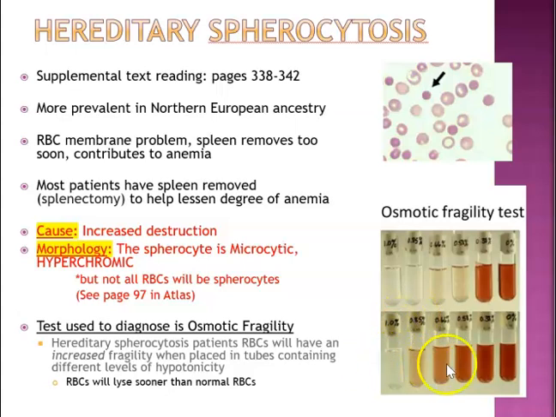Now for this bottom line of tubes, this is for a patient with hereditary spherocytosis. Guess what? In this second tube, we're already seeing a pinkish color. So that's telling us these red blood cells are more fragile and they more easily lyse and release their contents. So that's telling us this is most likely a patient with hereditary spherocytosis based on this osmotic fragility test.